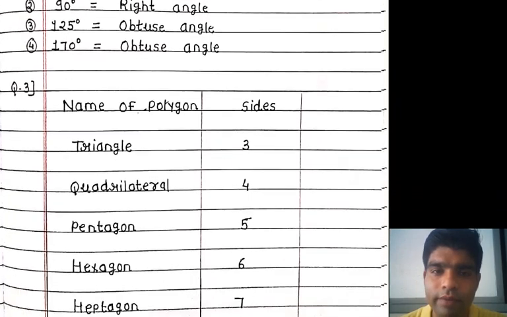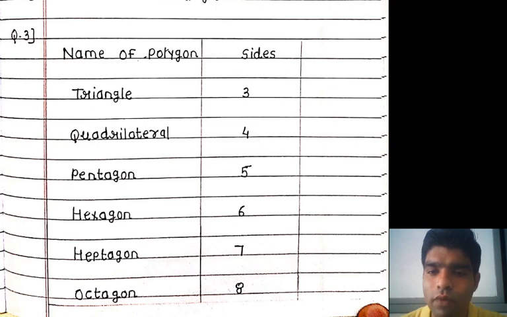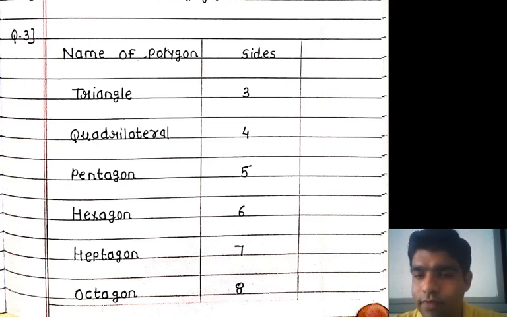Our next topic is different types of polygons. For the first column and second column, we have to write the number of sides. Now see, the first one is the triangle, and everyone knows the triangle has 3 sides.